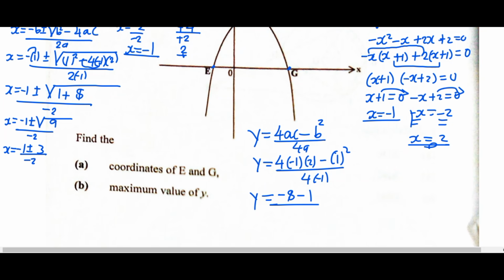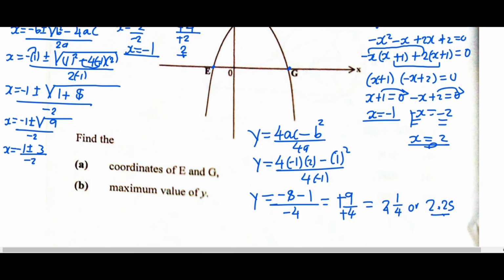-1, which is -4. -8 minus 1 is -9, over -4. So we can cancel the negatives. 9 over 4 is 2, remainder 1, over 4, which is the same as 2.25.